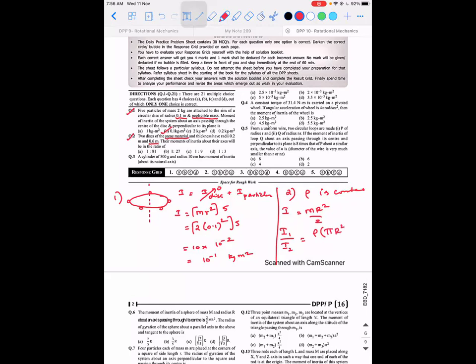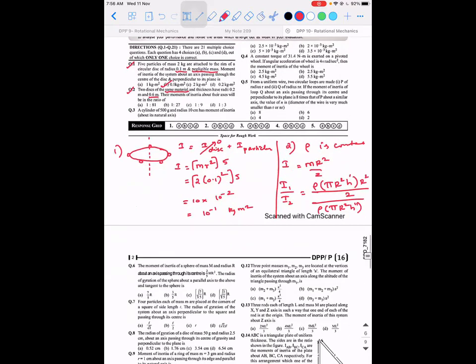So rho into pi r square into its thickness, let's take it as h dash, into r square divided by 2, divided by rho into pi r square h double dash into r square.